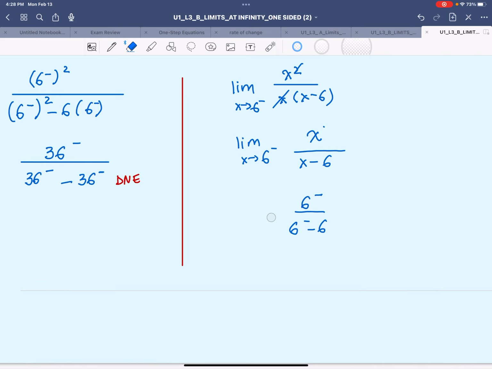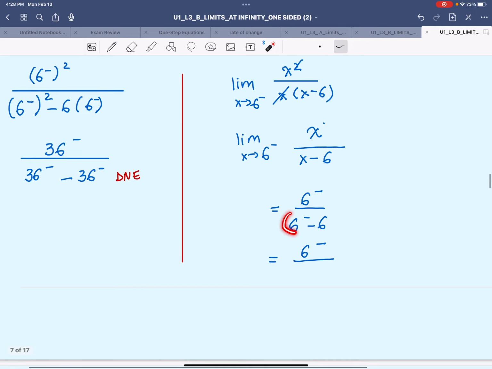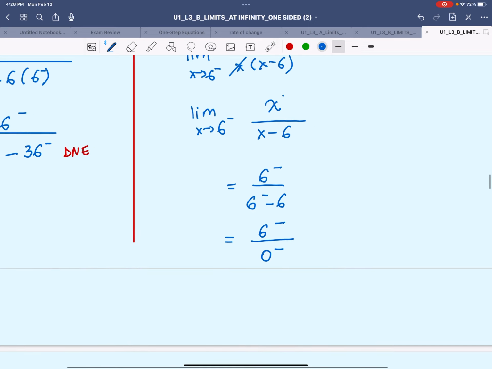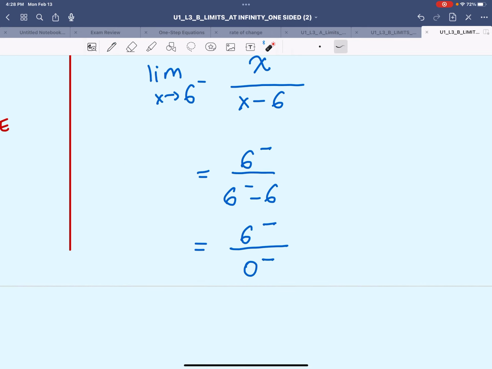So we are going to simplify the denominator, so 6 minus, and now 6 minus minus 6, so try to imagine this. So that's 5.999 minus positive 6. So that would make a 0 minus. Now remember that 6 minus is one positive number.